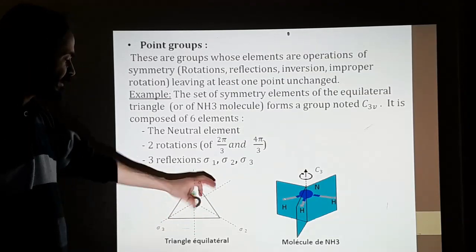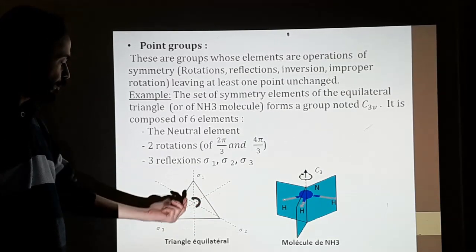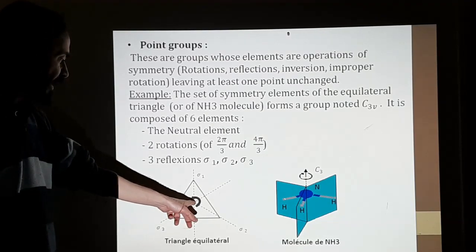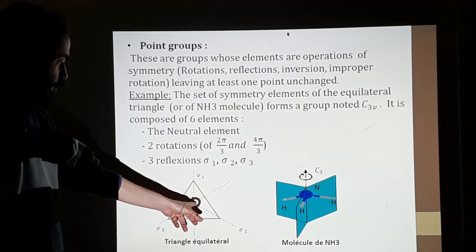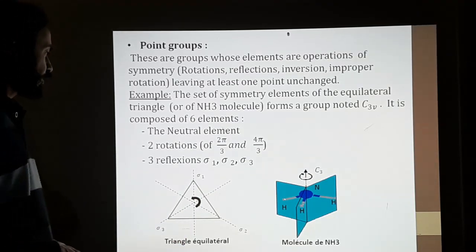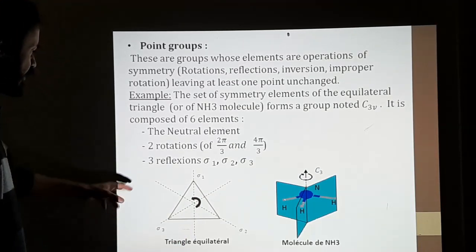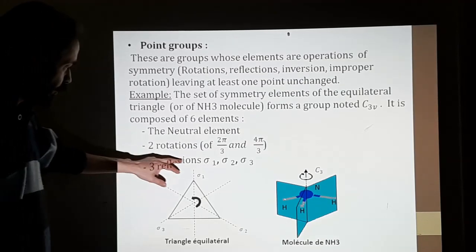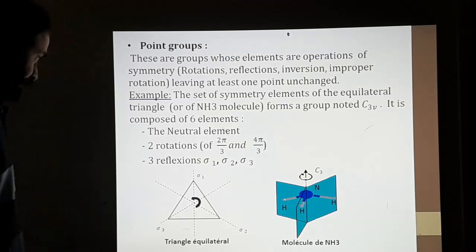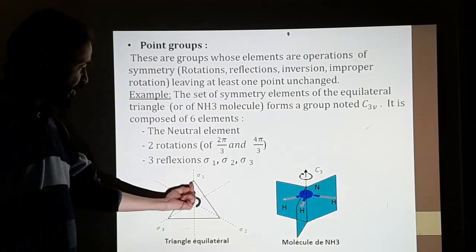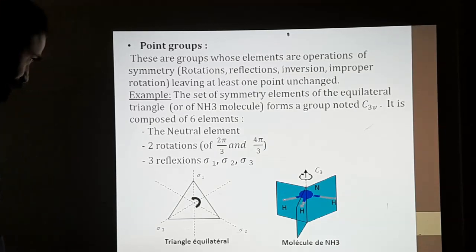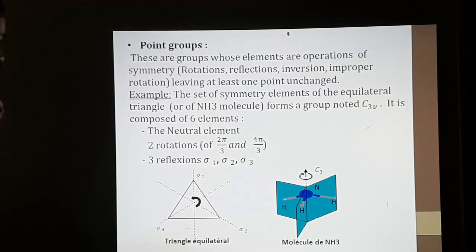If I rotate the triangle by 2 pi over 3 around the axis passing through the center here, I don't change the triangle. And there are 3 reflections that we call sigma 1, sigma 2, and sigma 3, around the axis passing by each vertex.